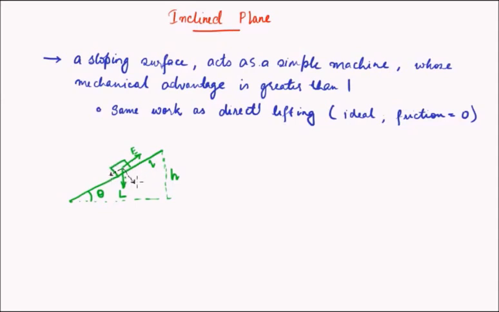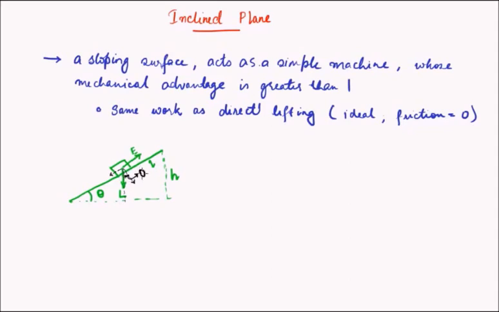Now what will be the magnitude of this force and this component of the load? To find that out, we need to see what this angle is. We know that this angle is theta. This is perpendicular, so here it will create a 90 degree angle. This will be 90 minus theta. Therefore, this angle turns out to be theta.